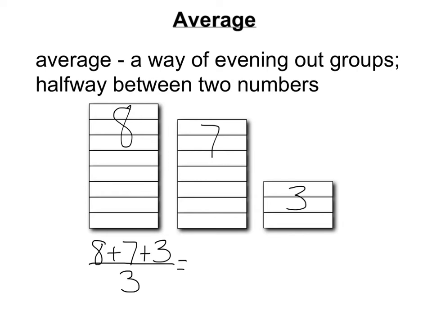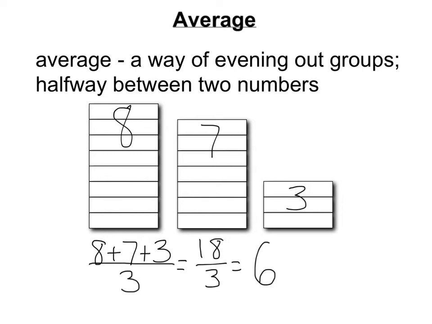Simplify the numerator. 7 and 3 makes 10, plus the 8 makes 18. So this becomes 18 over 3, and then 18 divided by 3 is 6. So if I were to even these stacks out, then there would be 6 in each stack.